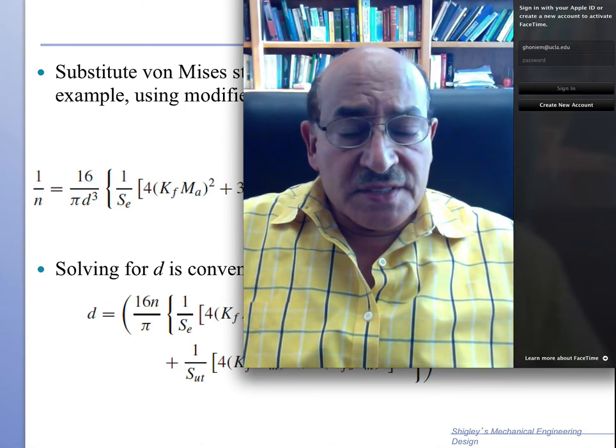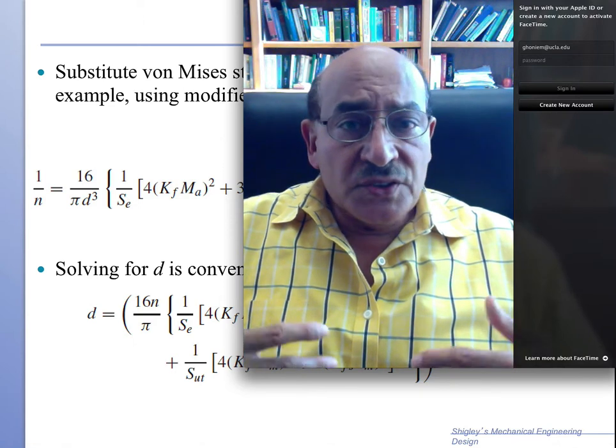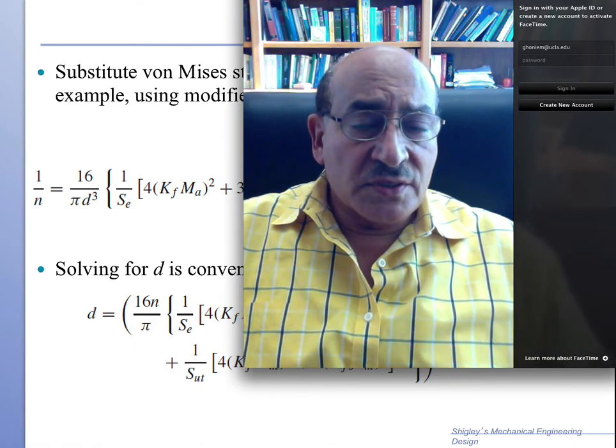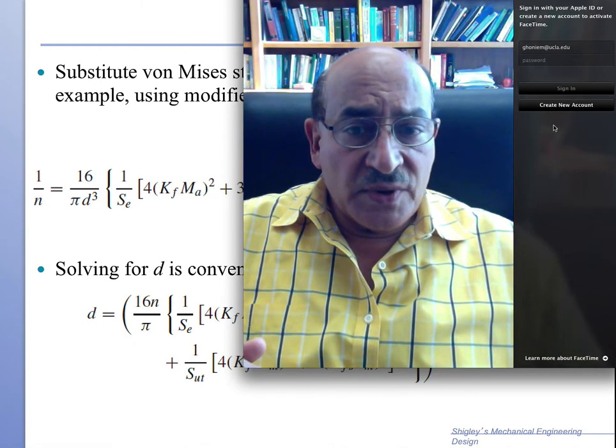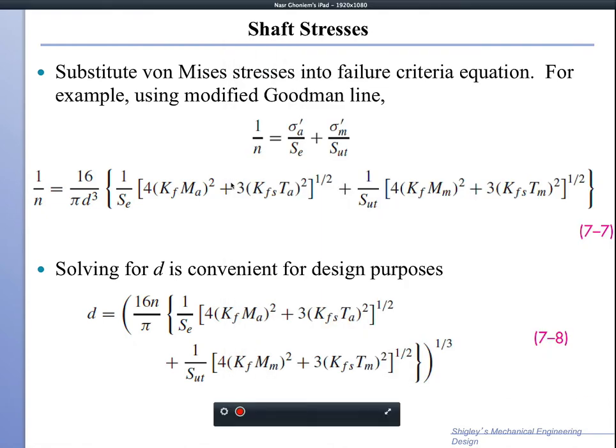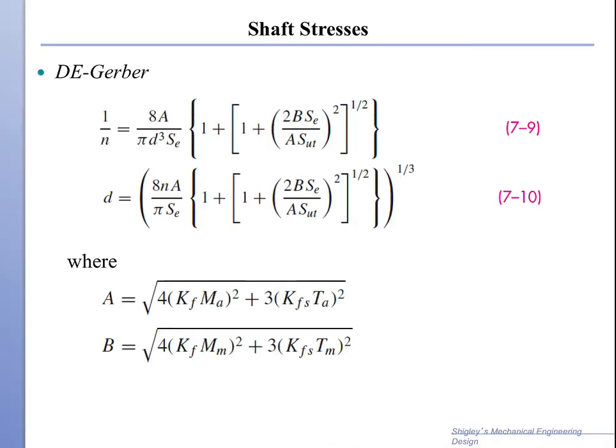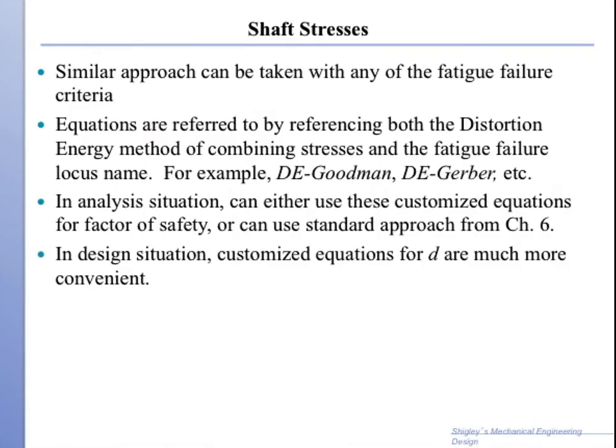We could do the same exact idea using either Gerber or the ASME or any of the other equations that we have learned, and therefore that can be developed as you can see here in the equation 7.9 and 7.10 for the dE, distortion energy, which is von Mises, related to Gerber, and you could do the same thing for dE Goodman, dE Gerber, etc.